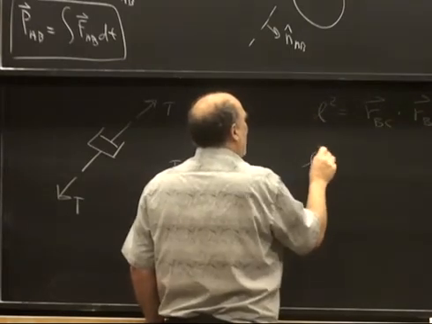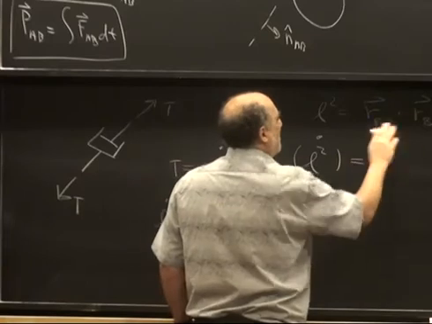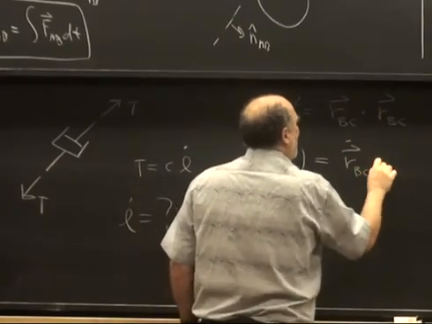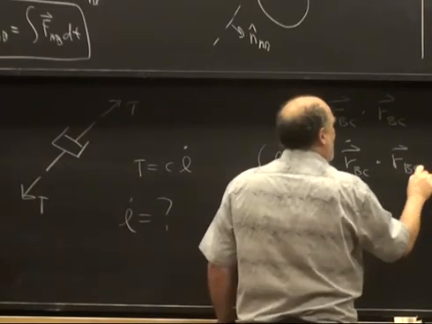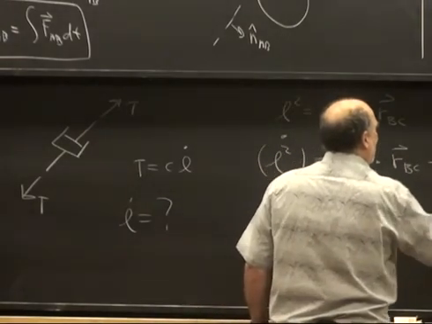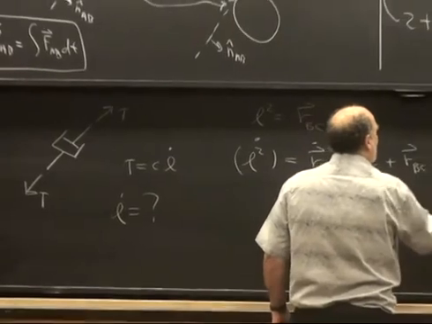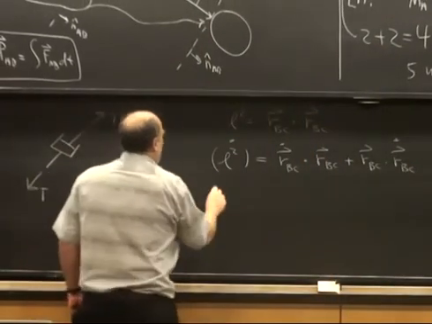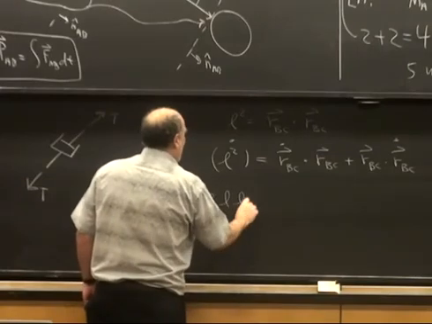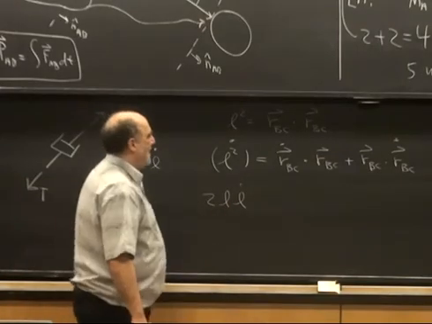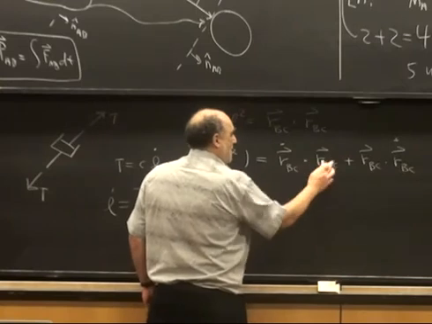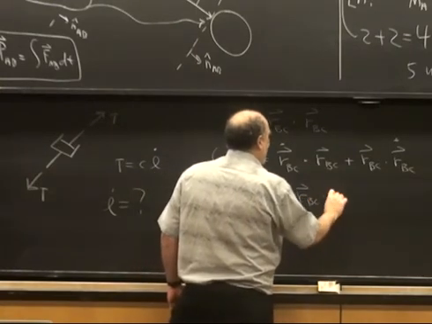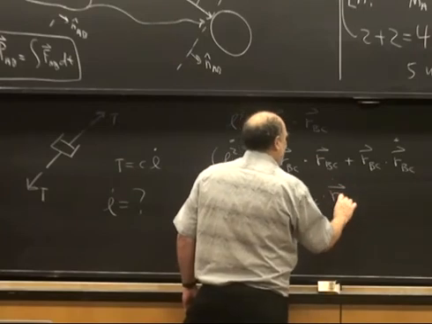Therefore, L squared dot is equal to the time derivative of this, which is RBC dot product with RBC dot plus RBC dot dotted with RBC. This thing, though, is 2L dot. This thing, it's the same dot product in both of them, is 2 times RBC dotted with the dot of RBC.